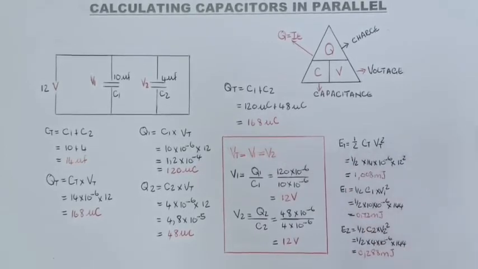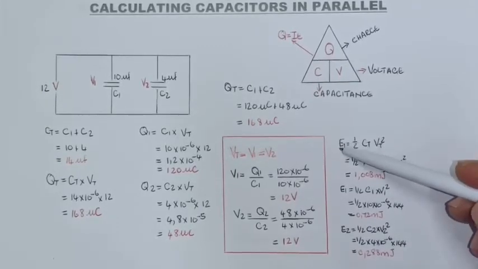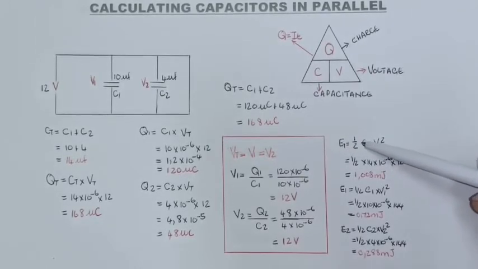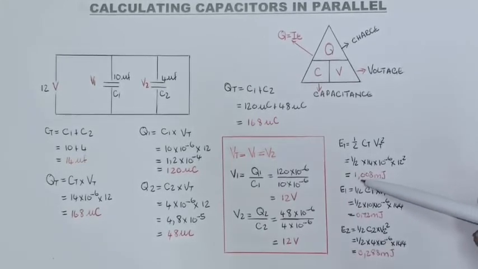Right. Last but not least, we're going to go to the energy stored in the circuit. When I calculate the energy stored in the circuit, which means the total energy, I must have the total capacitance in the circuit as well as the total voltage squared in the circuit. And I'm going to get a value of 1.008 millijoules.